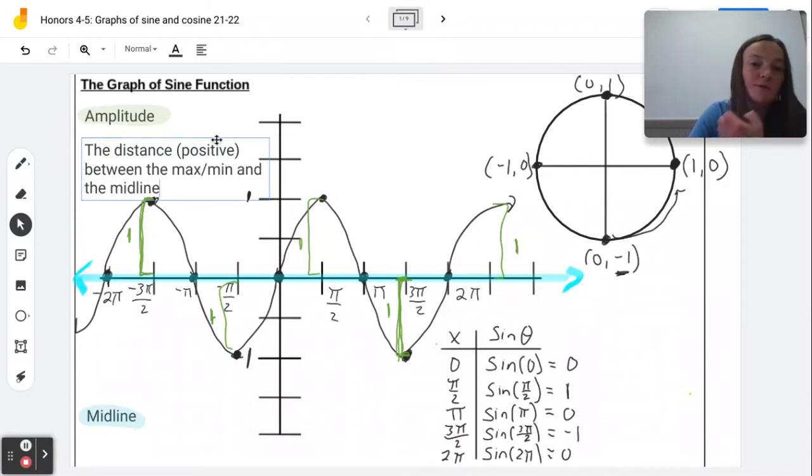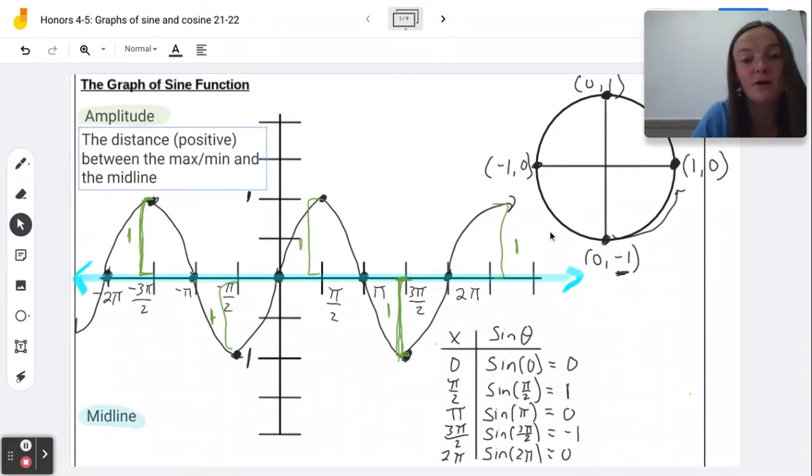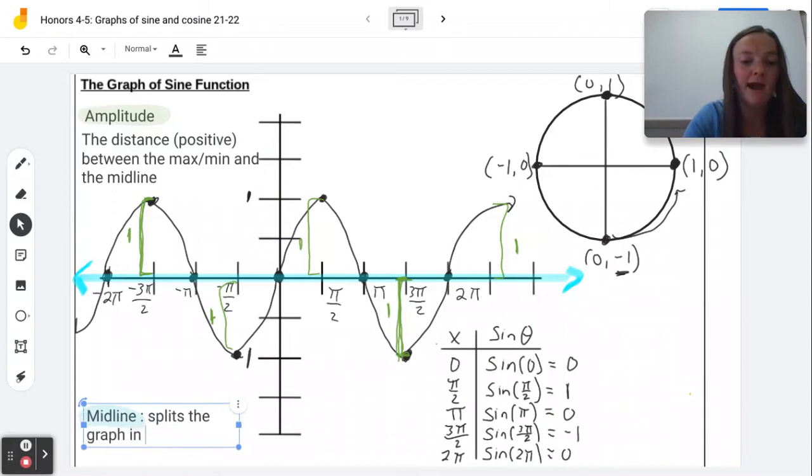So the amplitude is basically how tall does this thing get, specifically from the midline. And remember the midline splits the graph in half horizontally.